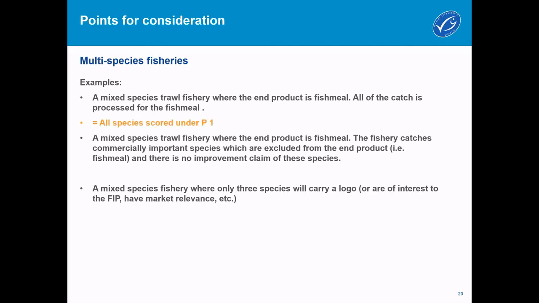If you have a mixed species trawl fishery, the end product is fish meal, but the fishery also catches commercially important species which are excluded from the end product, and there's no improvement claim on these, then they would be scored under P2. But all the species caught and put into fish meal would be under P1.